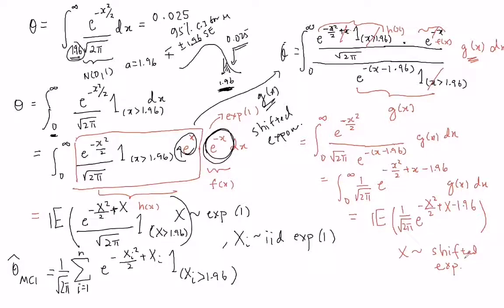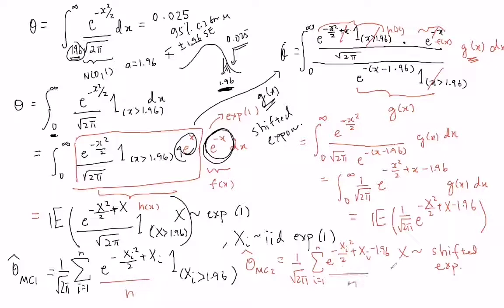So then your Monte Carlo estimator for the second one will be 1 over square root of 2 pi, summation e to the minus xi squared over 2 plus xi minus 1.96, where your x are, sorry, forgot, there's divide by n, right?